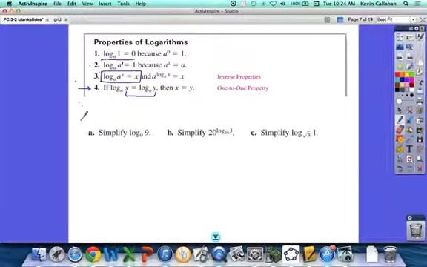So how would this simplify? Log base 9 of 9 equals 1, that would be this property right here, because the base of the logarithm and the base of the exponential match up. Simplify 20 to the log base 20 of 3. That would be like the second part right here. 20 to the log base 20 of 3 equals 3.